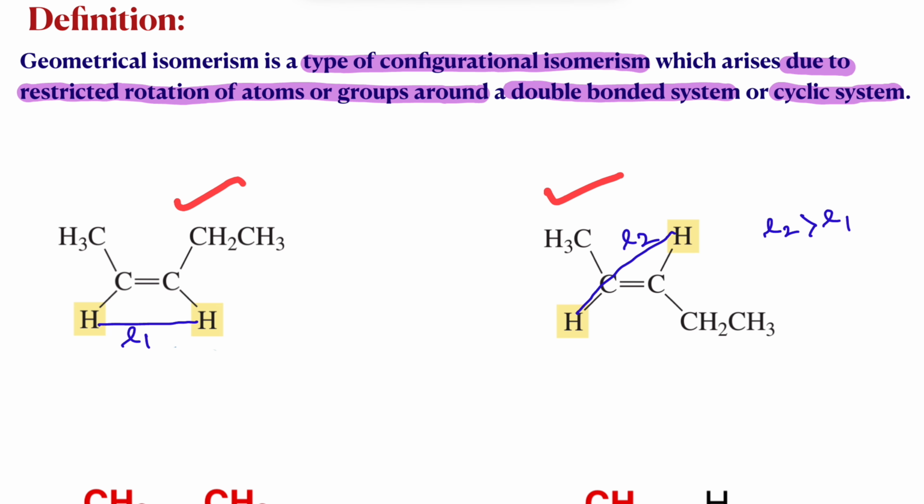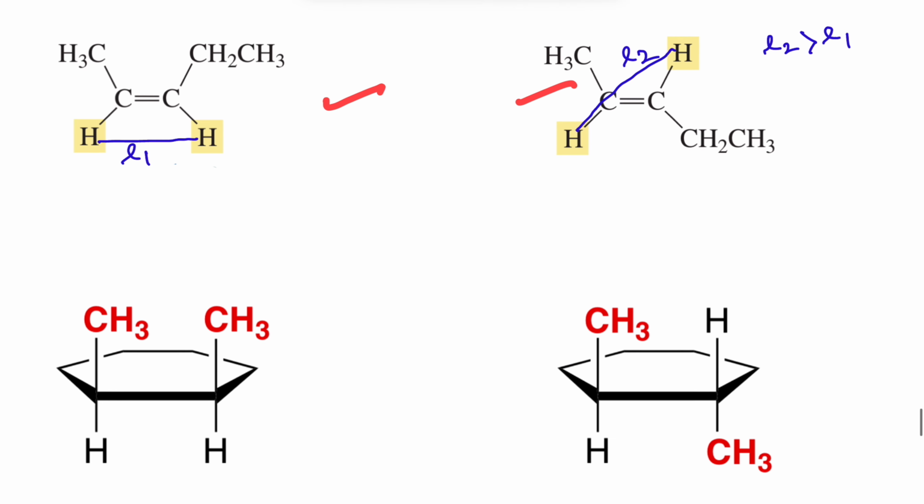These two are having a relation of configurational isomers, and particularly this isomerism is due to the presence of a rigid bond. Whenever configurational isomerism is due to the presence of a rigid bond, then those isomers are called geometrical isomers. So these two are geometrical isomers.